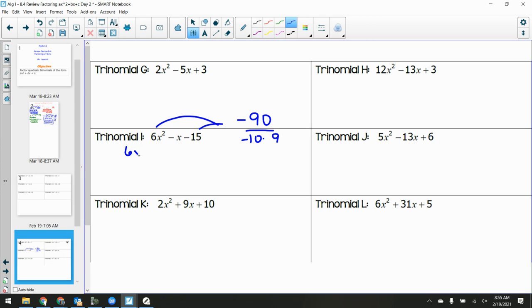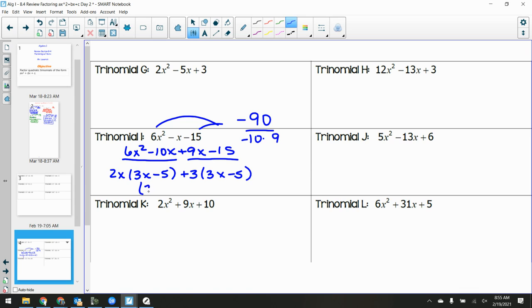Now I rewrite 6x squared minus 10x plus 9x minus 15. And now we factor by grouping. Underline first two and last two. I factor out the 2x, leaving me with a 3x minus 5. I factor out a 3, leaving me with a 3x minus 5.